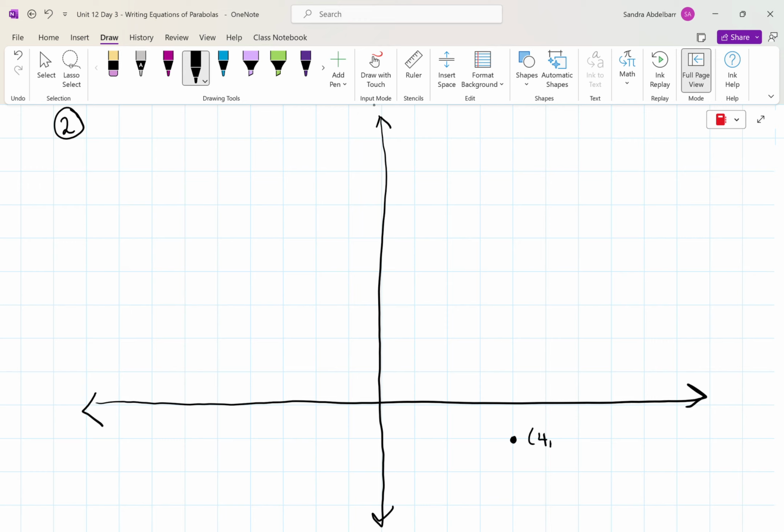So my vertex is going to be the point 4, negative 1. And I'm going to have another point on 2, 3.